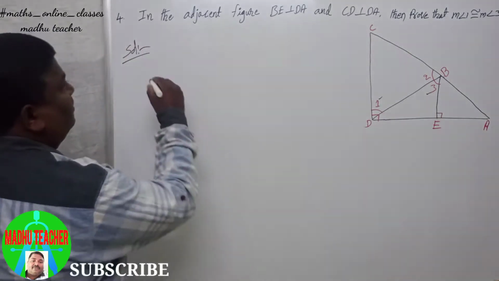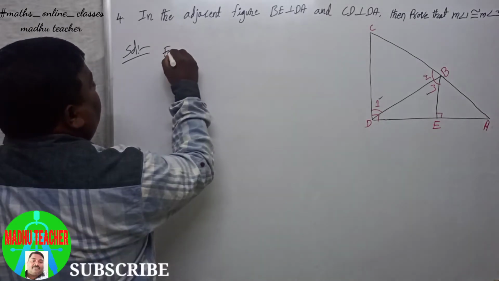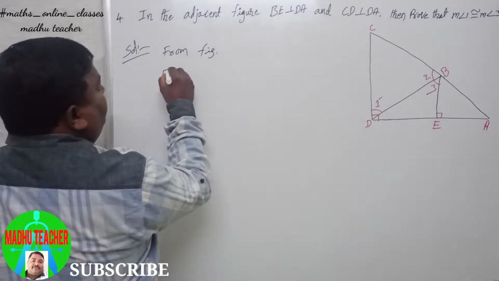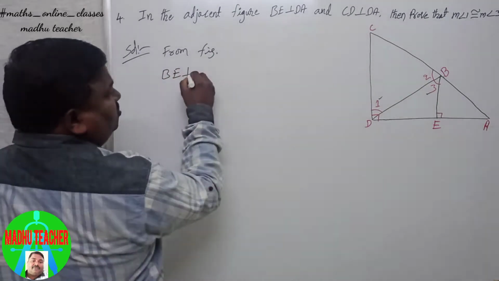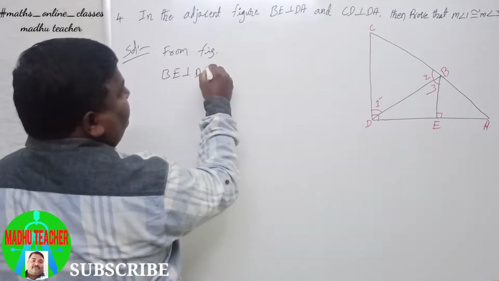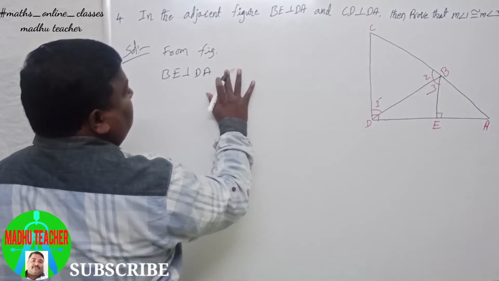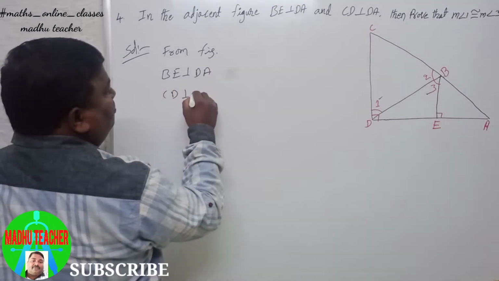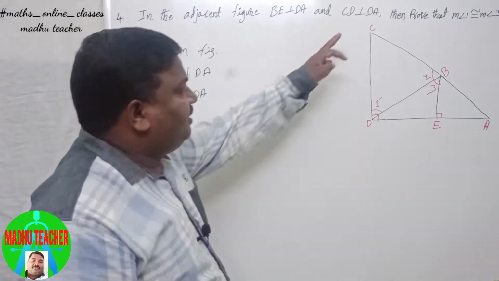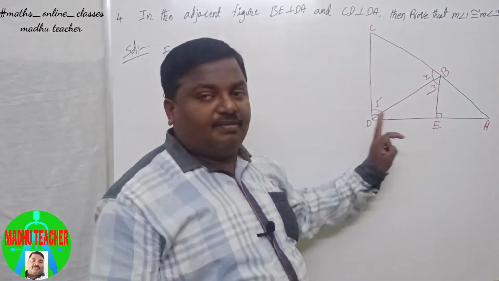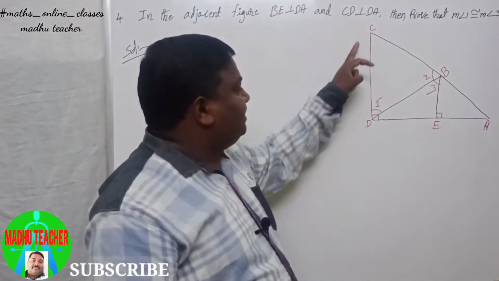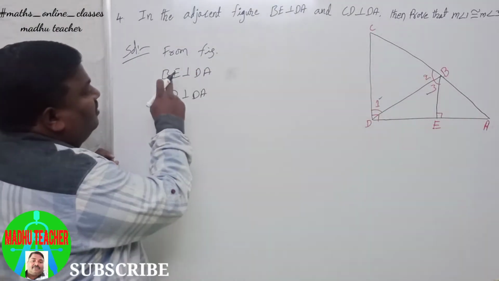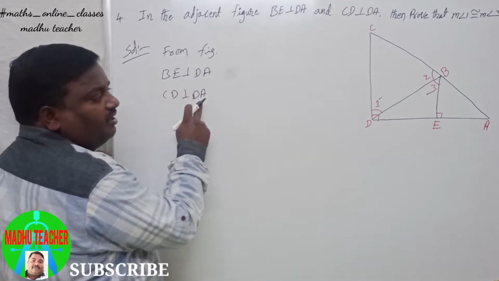So what is given from the figure? BE perpendicular to DA and CD perpendicular to DA. These two are perpendicular to DA.